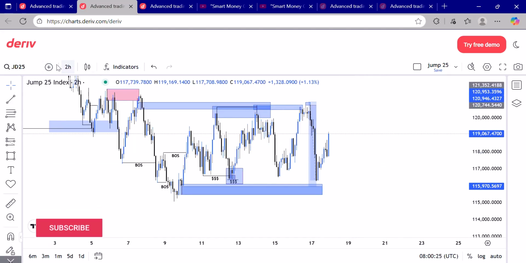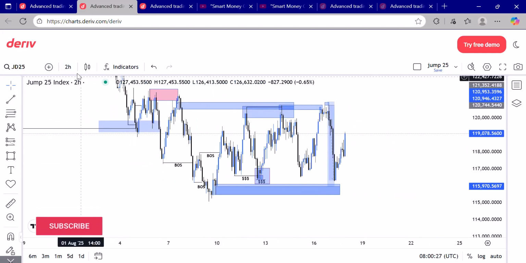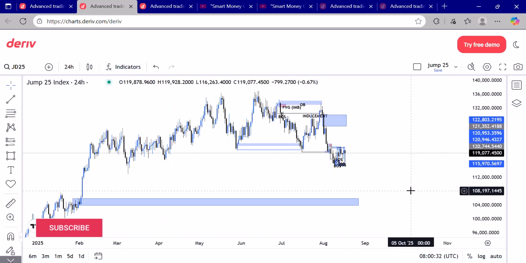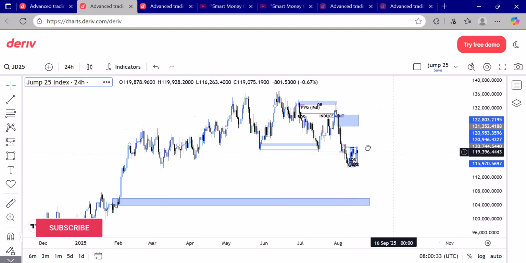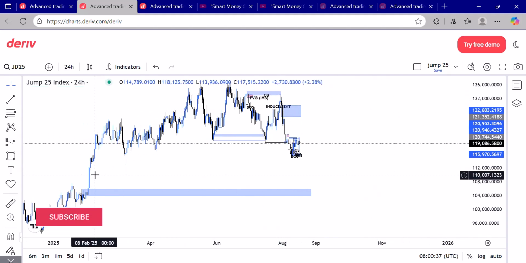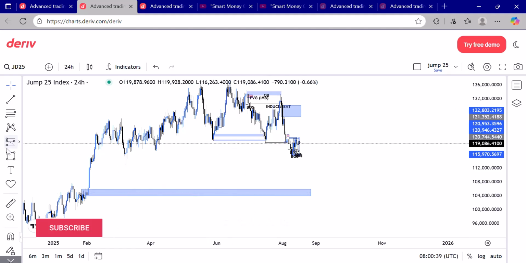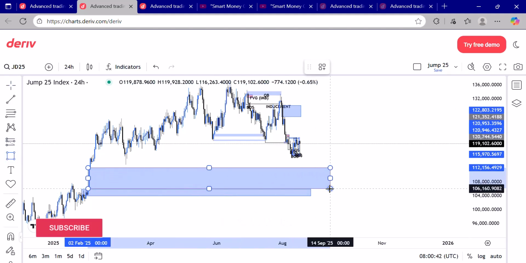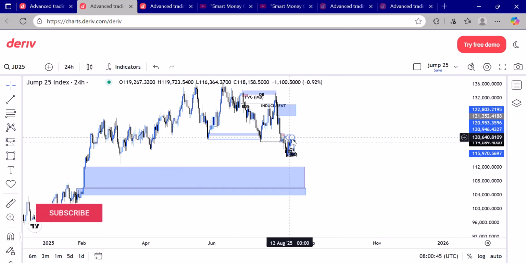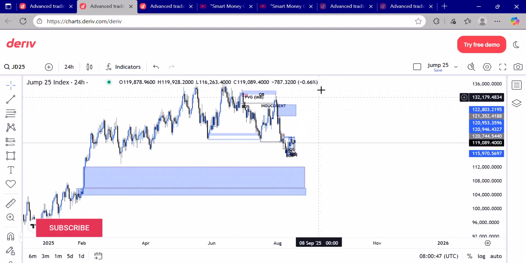Now looking at this trade, if I come to our daily time frame, this is what Jump 25 Index has been doing. Of course, there's this big void down here, meaning we're expecting price to come in and fill this void before it goes up in the future.